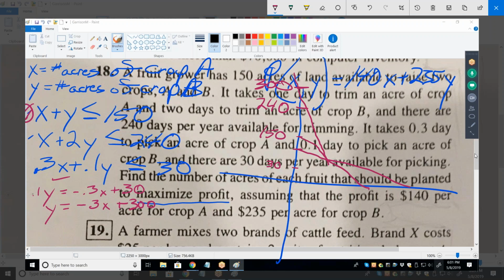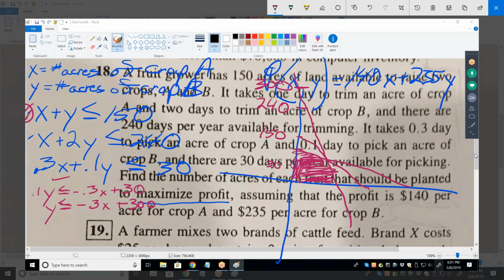Notice I've written all these as equations, but in reality they're inequalities. You would shade a region that represents all the possible solutions, and it would be this region right here.